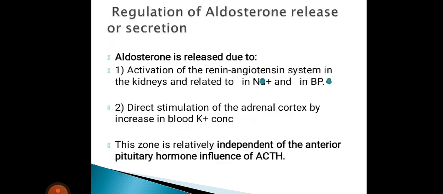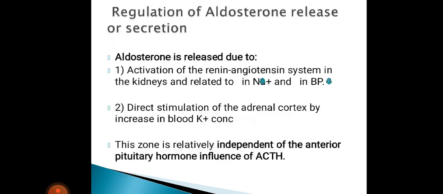Now coming to regulation of aldosterone release and secretion. Aldosterone is one of the adrenal cortical hormones. It's a very effective hormone in our system. Aldosterone release is due to, one, activation of the renin angiotensin system in the kidneys, related to sodium ions and controlling BP.